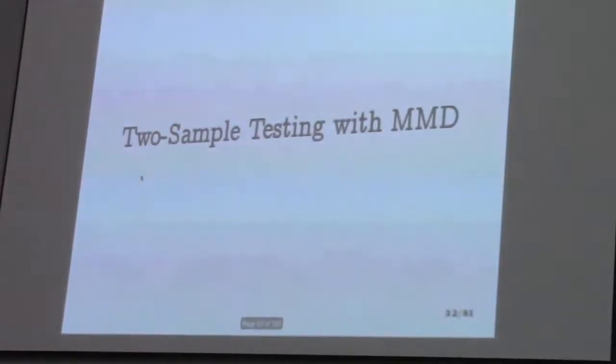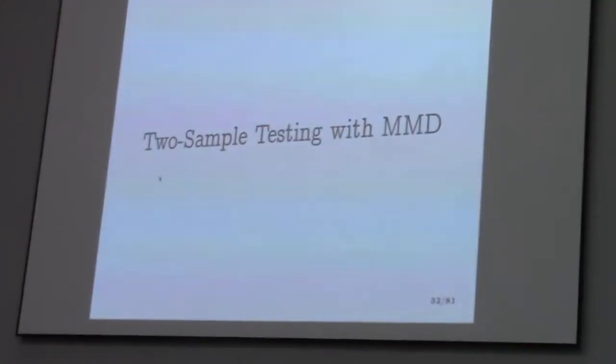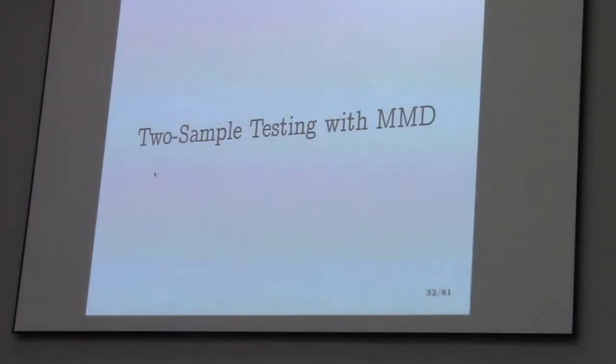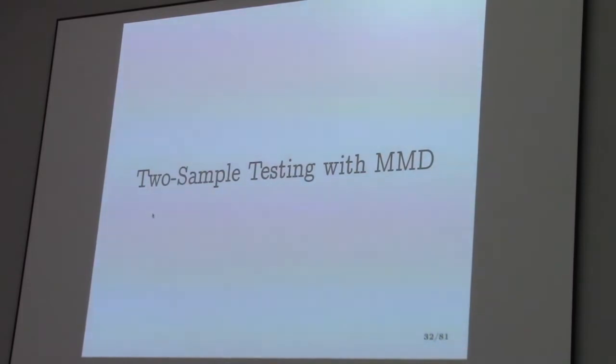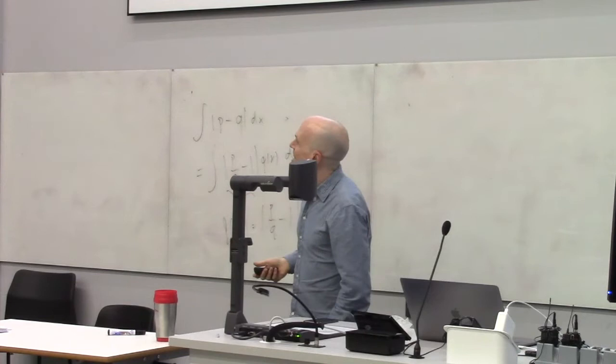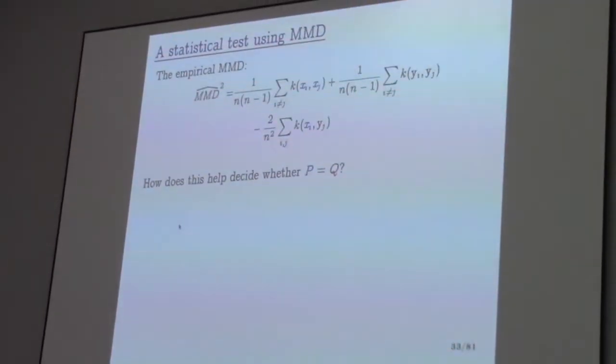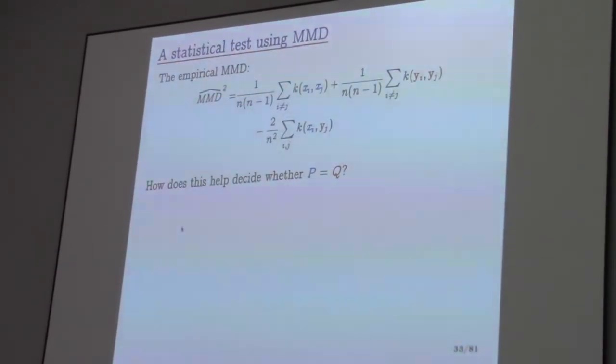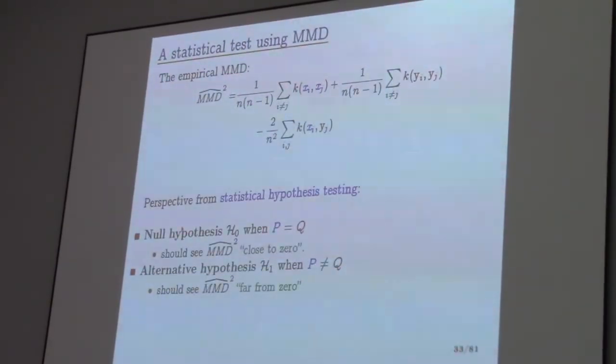Anyway, my next thing is, I have a statistic I want to use, for example, for a hypothesis test. It's going to be an asymptotic hypothesis test, but fortunately, Alex isn't here to yell at me for doing this. So here is my statistic: average P to P sample, average P to Q, minus average P to Q. I need, in some sense, a threshold which determines when this distance is sufficiently far from 0 that it's unlikely that P and Q are the same in some respect.